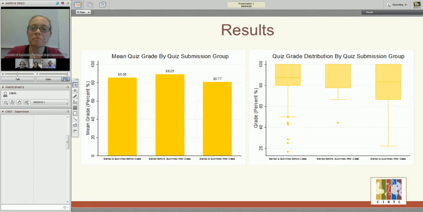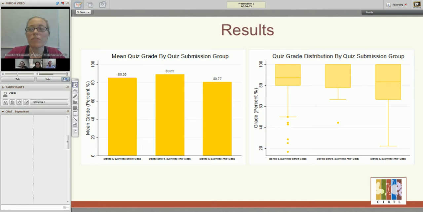Next slide, please. So for the results of this first objective, just looking at the quiz level, on the graph on the left, we can see the mean quiz scores, and there's the suggestion that the group that starts and submits after class, the one on the right, are lower performers.